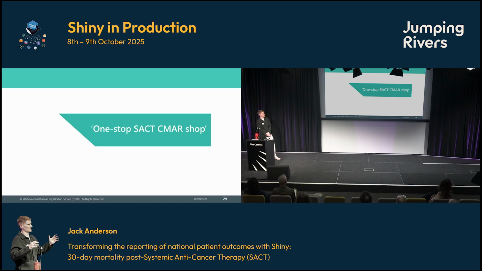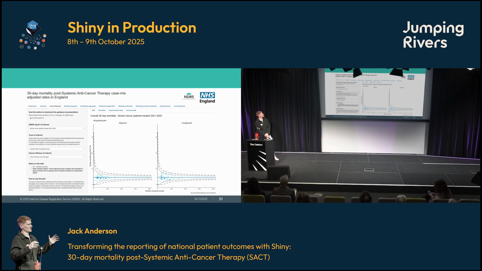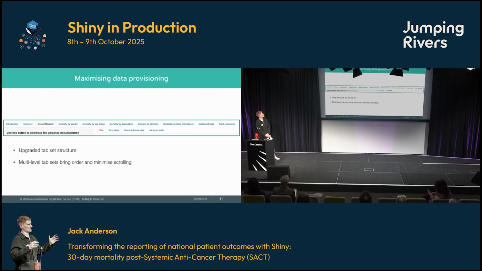So that leads us to the app itself, which I've dubbed the one-stop SACT CMAR shop. And this is a screenshot of the app itself. So hopefully you can immediately notice some improvements compared to the workbook, but I'll go through those now. The first thing to note is that we made an effort to maximize the amount of data that we provide.